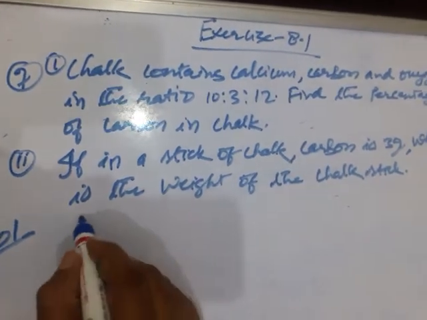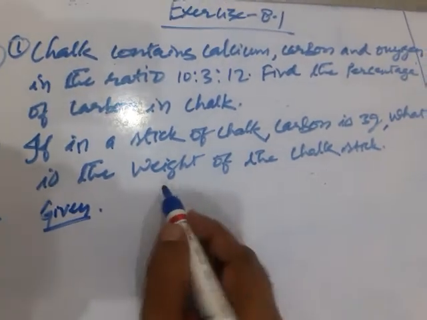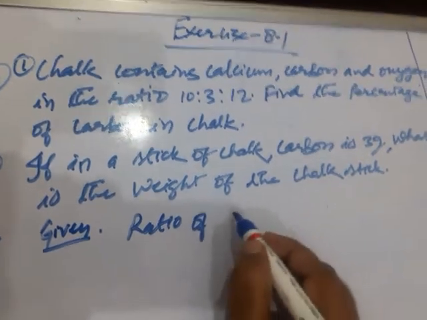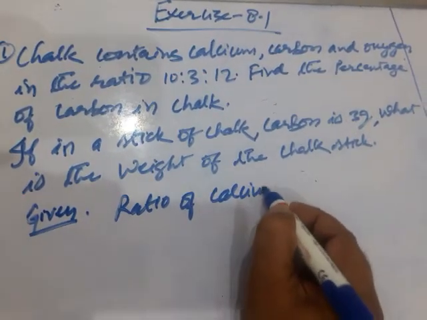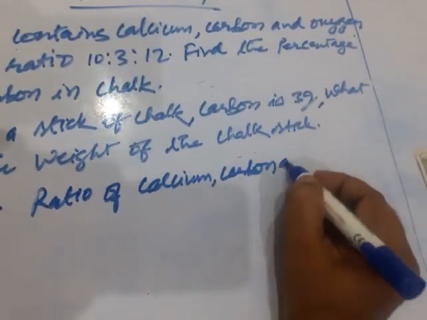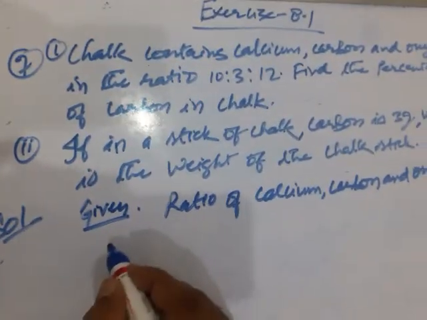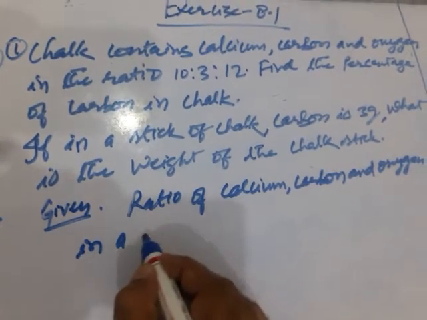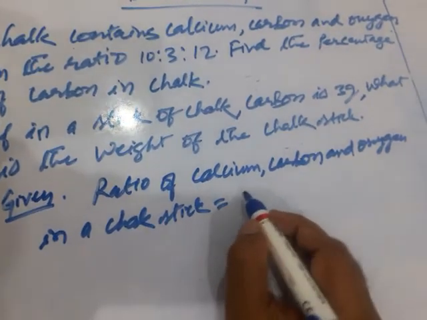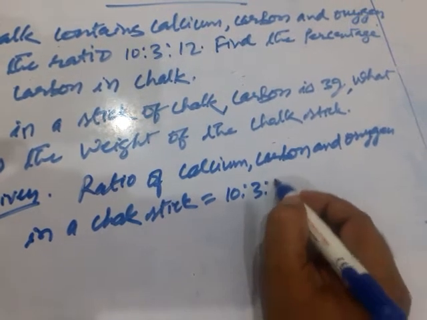Chalk contains what is given over here. See what is given. The ratio of calcium, carbon, and oxygen in a chalk stick is equal to 10:3:12.